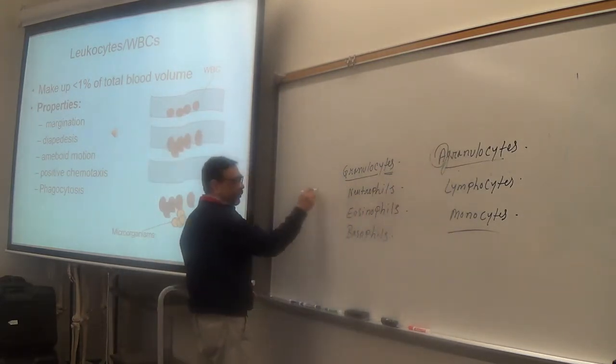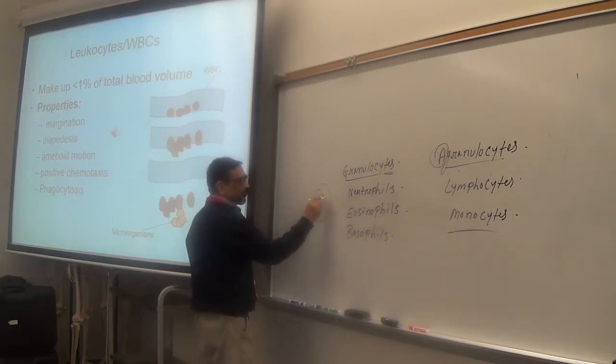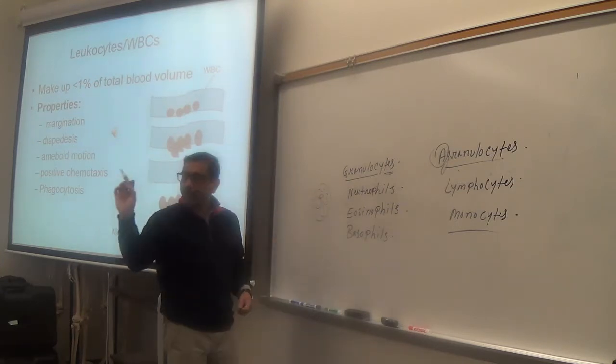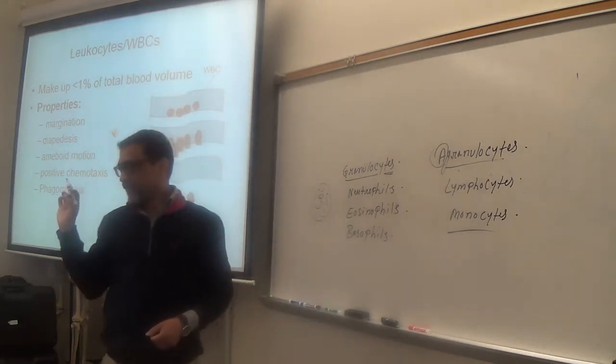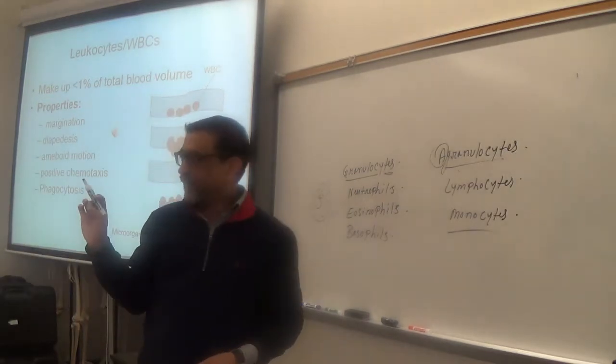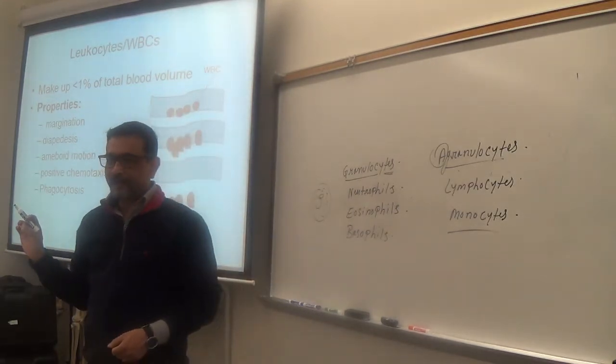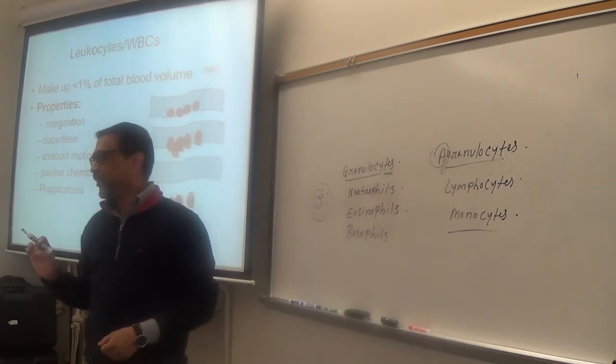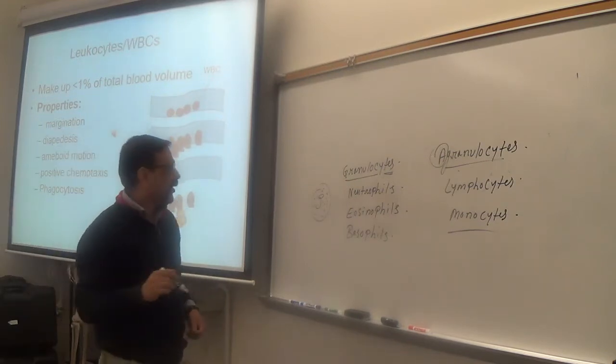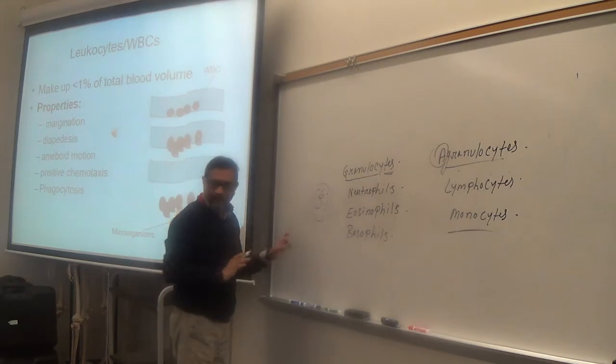If you see the cytoplasm of granulocytes, you will see granules, and that can be stained by dye. That can be colored by dye, right? Different dyes or stains we use to color. Is it clear?